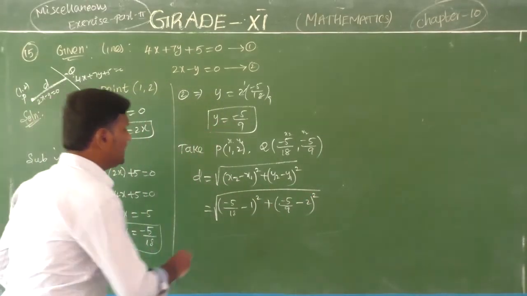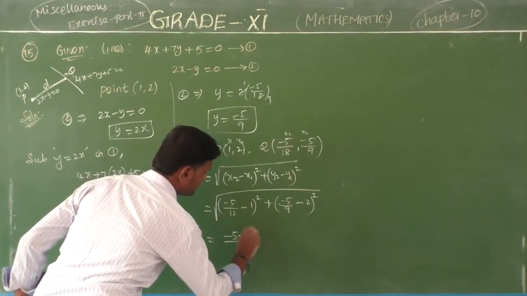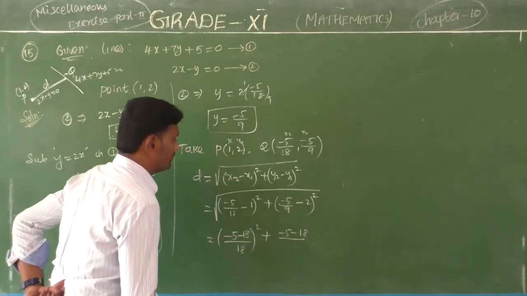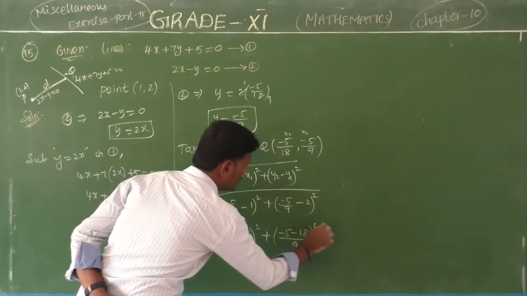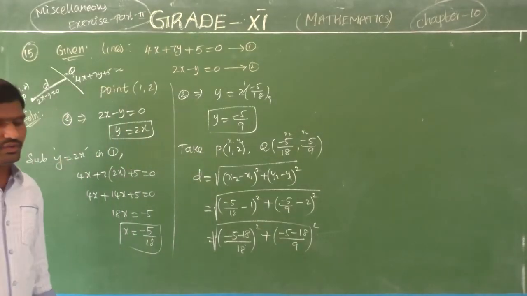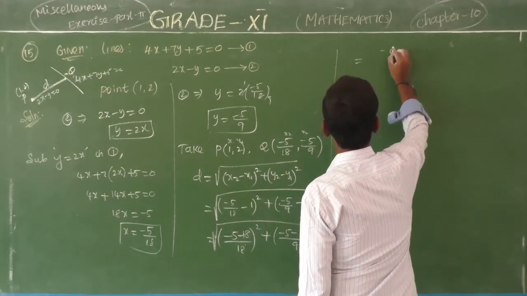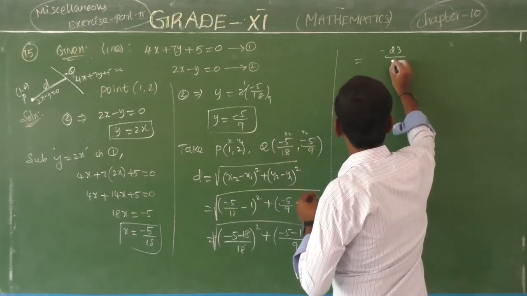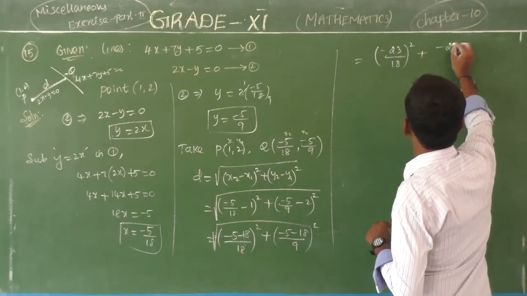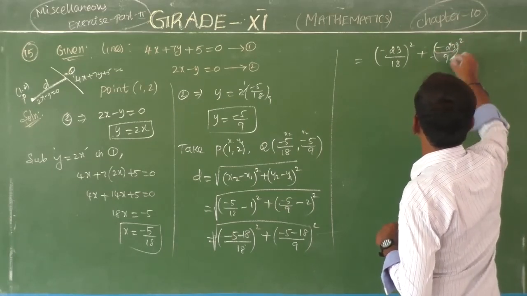Now take the 9 the whole square. Okay, so minus by minus 18, what will come? 23, yeah. So minus 23 by 18 the whole square plus minus 23 the whole square by 9 the whole square.